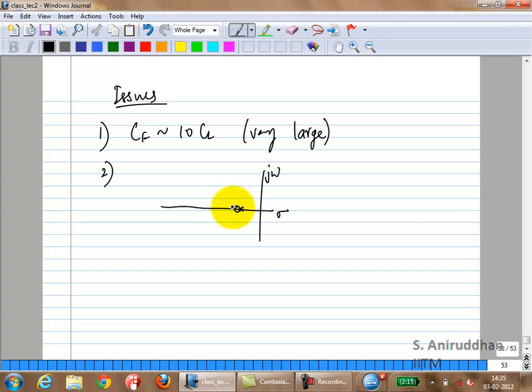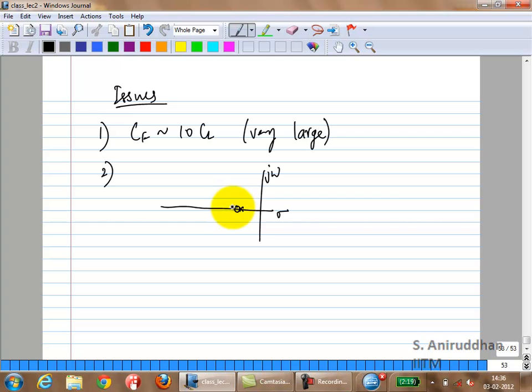Okay, what will happen is, if you look at the transient response of such a system, it will look really, really bad. Okay, it will take a long time to settle. Why? Because the closer they are, actually the worse it gets. When you calculate the transient response of the system, you will get a component which depends on the frequency difference between the two.